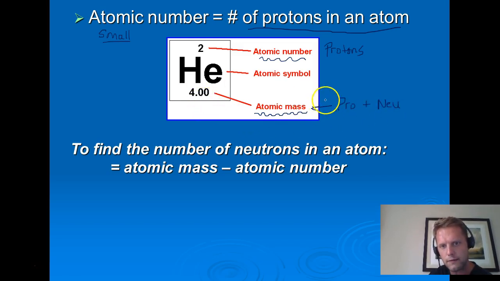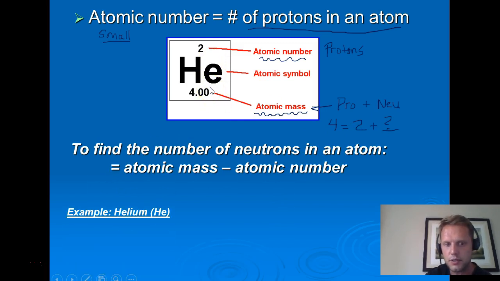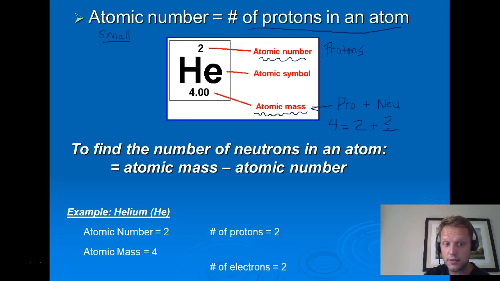So if this weighs 4 total, and you have 2 protons, the question is, how many neutrons do you have? Well, the answer is 2. One way to do this is to subtract these two numbers, and you'll get how many neutrons it has. So it has 2 neutrons.